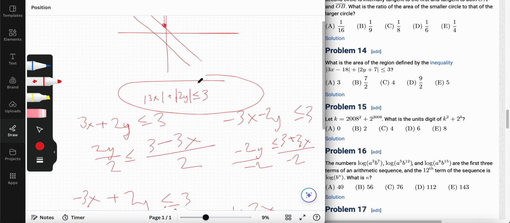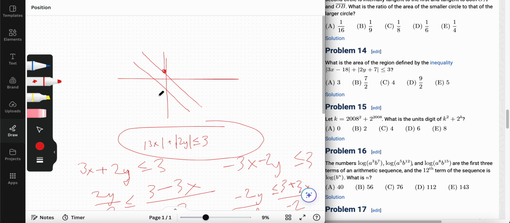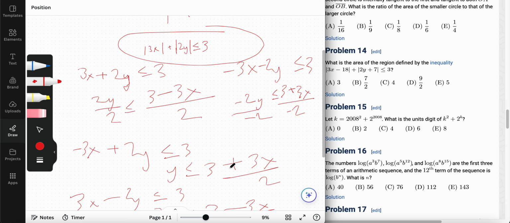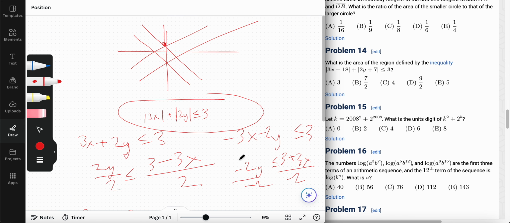So positive y, positive slope, that would be something like that. I'm going to assume the other one is something like that. If I do 3x minus 2y is less than or equal to 3, then negative 2y is less than or equal to 3 minus 3x, divided by negative 2, so negative and positive. Great.